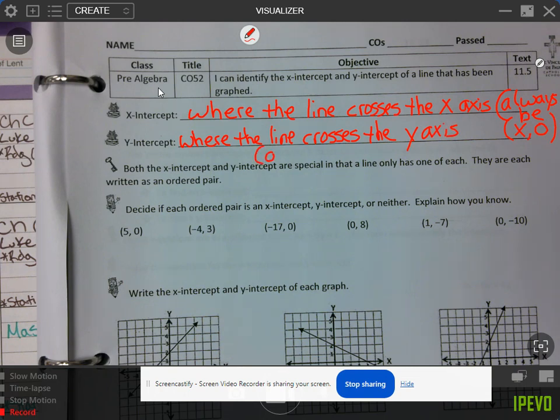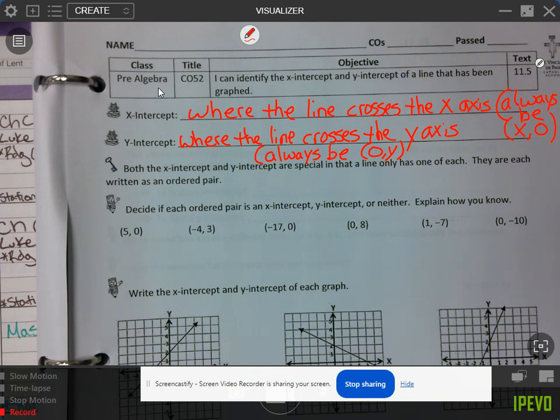Any guesses on what that coordinate will always be? What do you think, Owen? 0, y. Because we go up or down on that y-axis, and the x is going to be 0. So it's always on that y-axis.